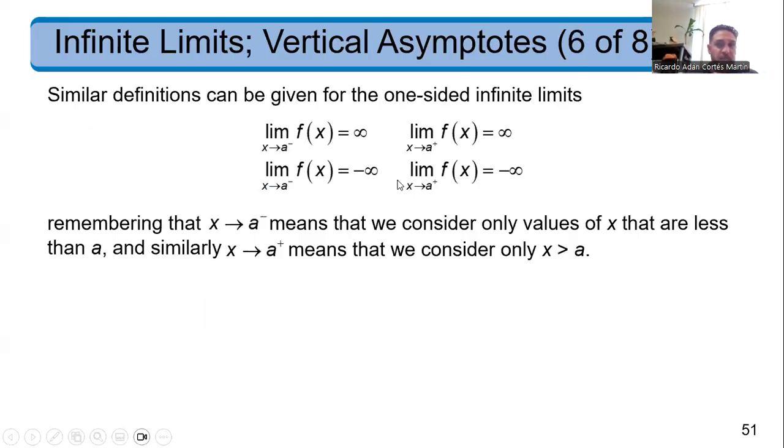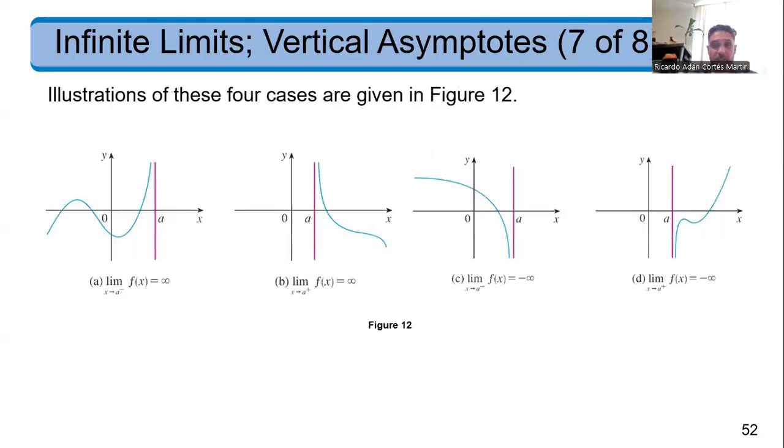Now, can we talk about one-sided infinite limits? Yes, of course. We can have limits from the left or from the right, plus or minus infinity. In fact, we have a lot of functions that arise naturally that have different infinite limits as one approaches a value. So these are the four cases.